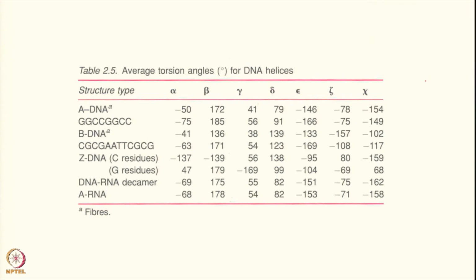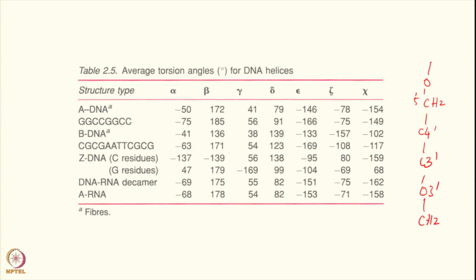If I want to draw here, this is the CH2, this is the 5 prime, this goes to the oxygen here, then I have the C4 prime, the C3 prime, then the O3 prime. Then you have the CH2 again, the 5 prime of the other end.